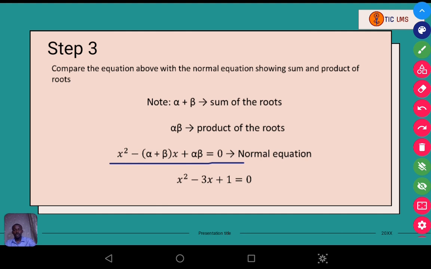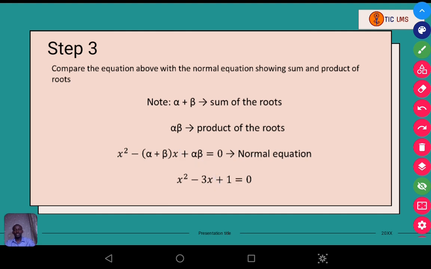And then you compare it with what you have. By the time you compare, you see that negative alpha plus beta x is the same thing as negative 3x. So when you take out x, you have negative 3 equals to that, and then the product, you have positive alpha beta and then positive 1. You compare that and you find out that you have the product.